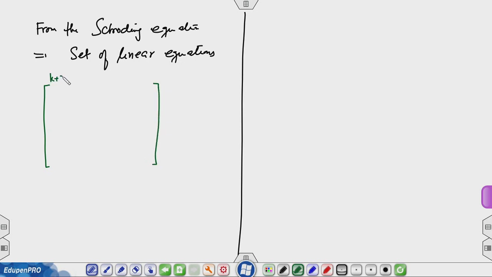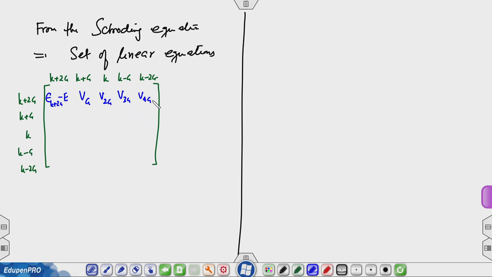Suppose the labels are k plus 2g, k plus g, k minus g, k minus 2g. I am not bothering to put the vector signs. Then what I am going to get is the diagonal term is going to be epsilon of k plus 2g minus E, and then V of g, V of 2g, V of 3g, V of 4g.